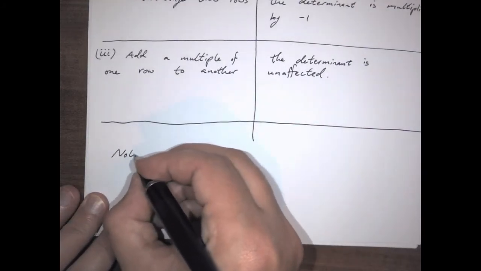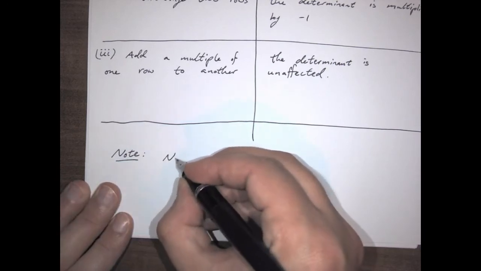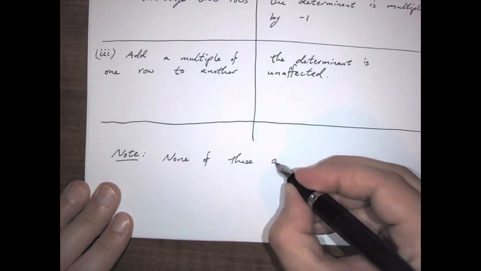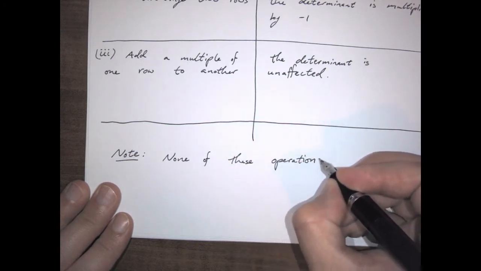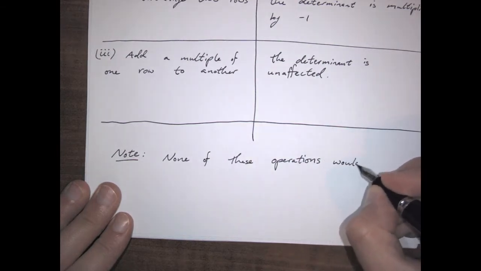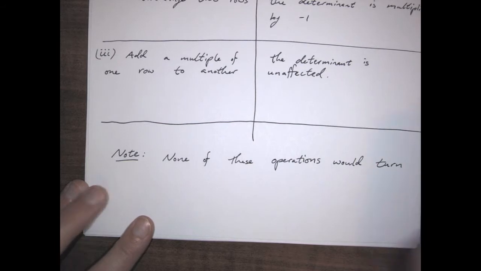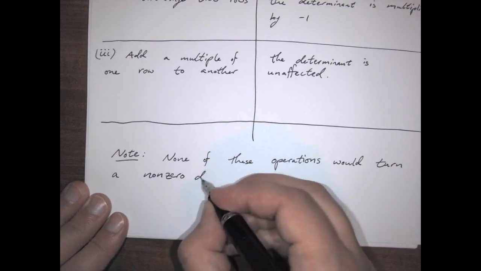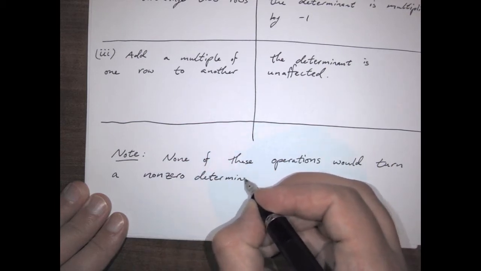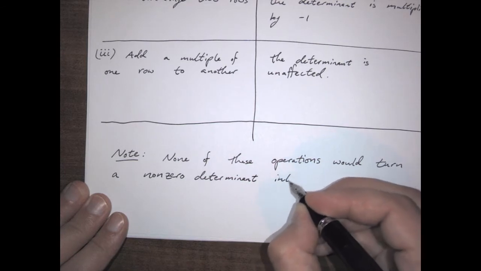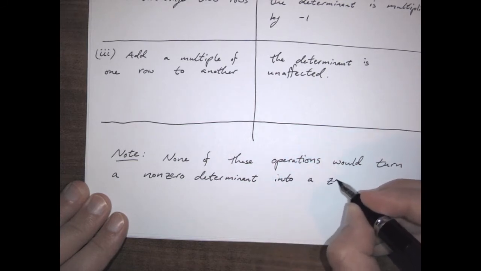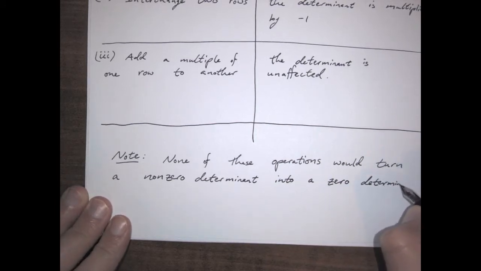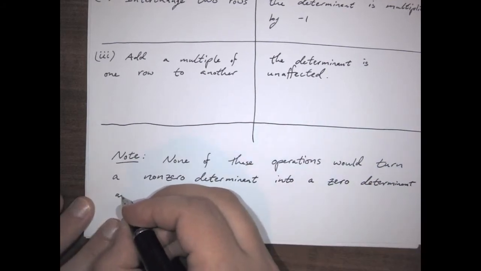So note, none of these operations would turn a non-zero determinant into a zero determinant, and vice versa.